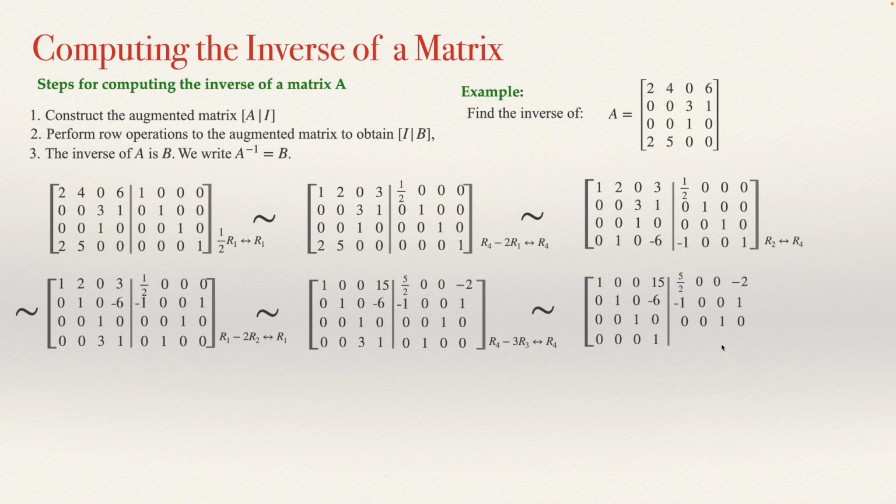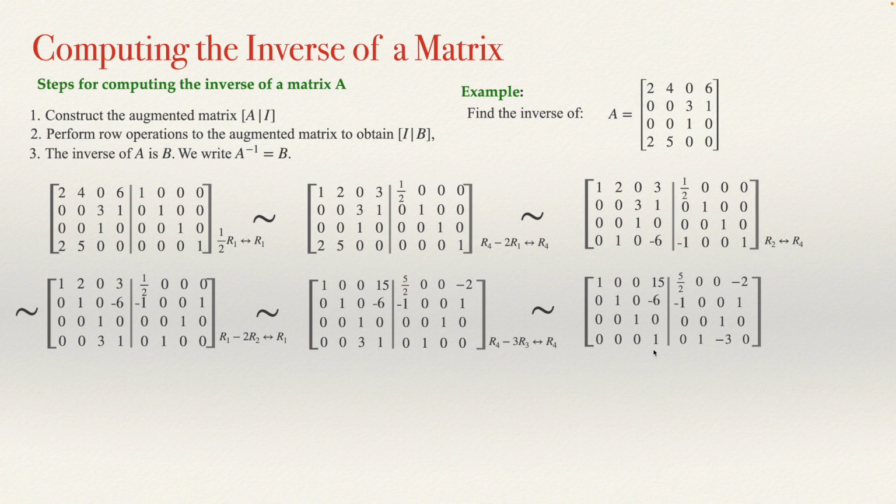Then here will be 0 minus 3, it will be minus 3. So it will be 0, 1, minus 3, and 0, the last one. And now we are closer to the identity. But the only thing missing is to put a 0 here in the fourth column.